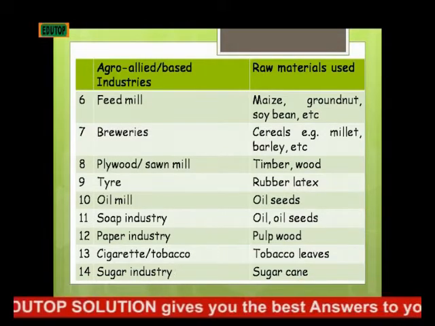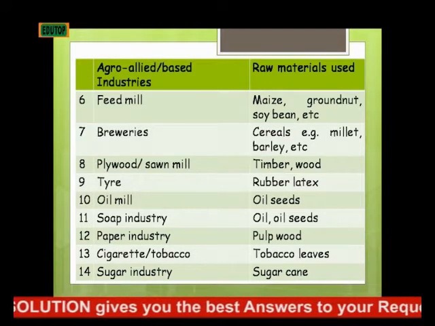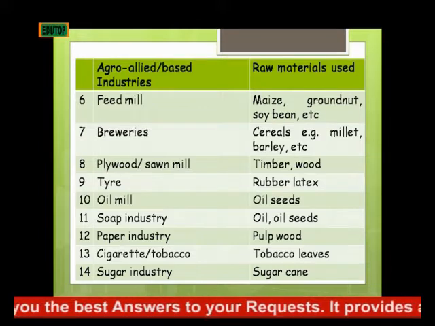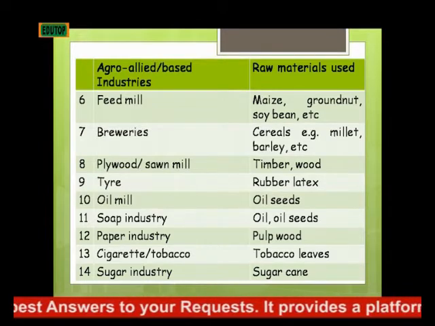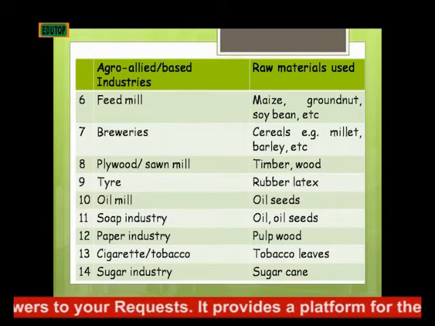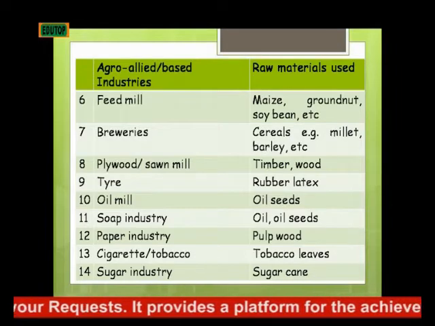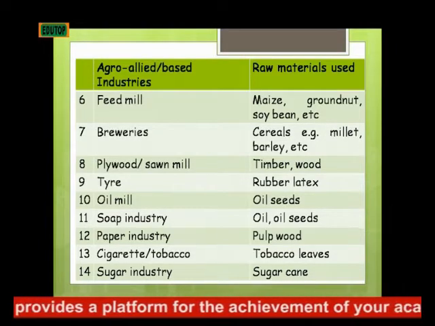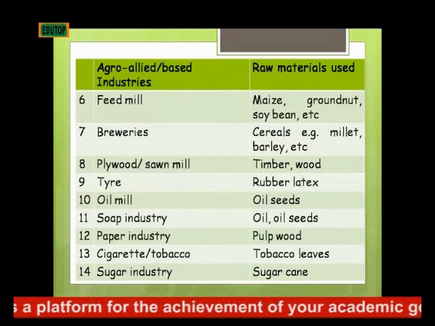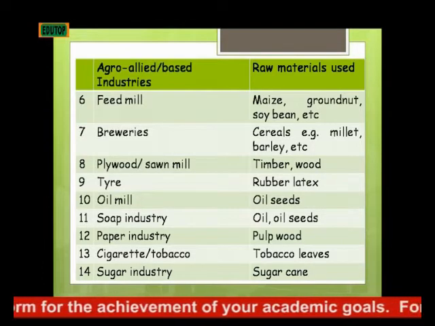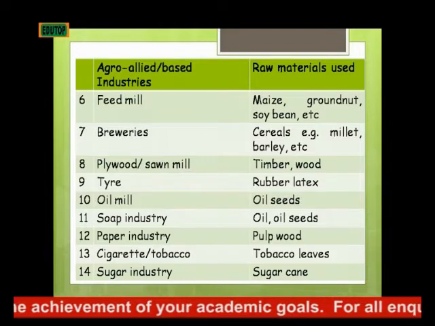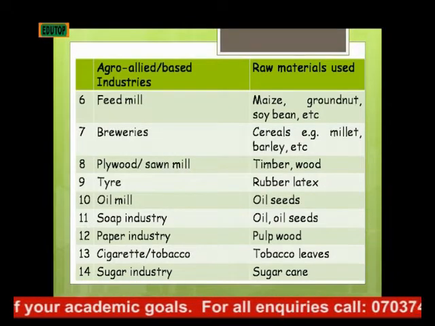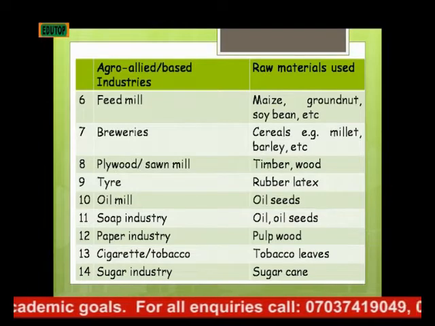Then the tire industry makes use of rubber latex from the rubber tree as their raw material. Then the oil mill makes use of oil seeds as their raw material. Then the soap industry makes use of oil and oil seeds as their raw material. Then the paper industry makes use of pulpwood as their raw material.